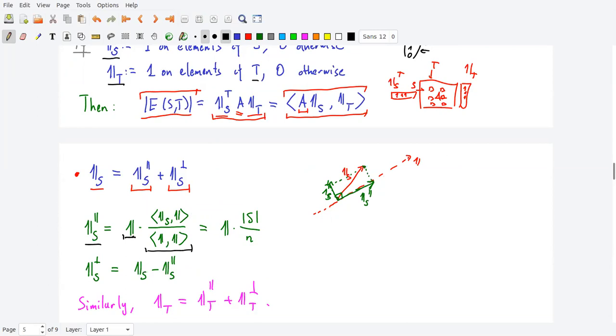And it is quite easy to understand why this formula for a projection onto some direction is true, because this is a vector that will be parallel to all ones, right? Because, well, it's essentially all ones multiplied by some coefficient. However, it has this property that if I take all ones on S and take a cross product with all ones, then this will be the same as taking the cross product of this parallel thing.